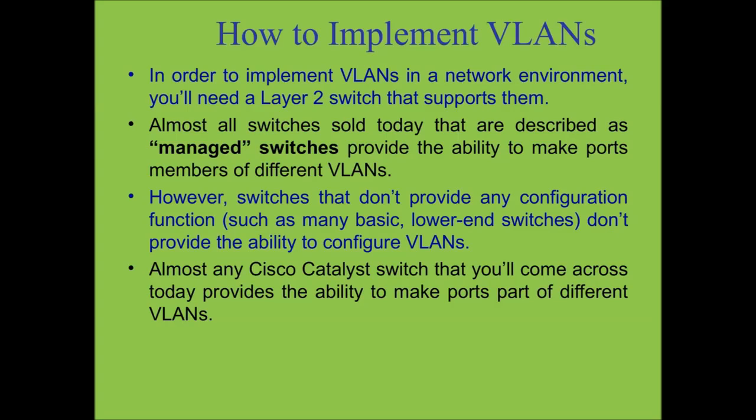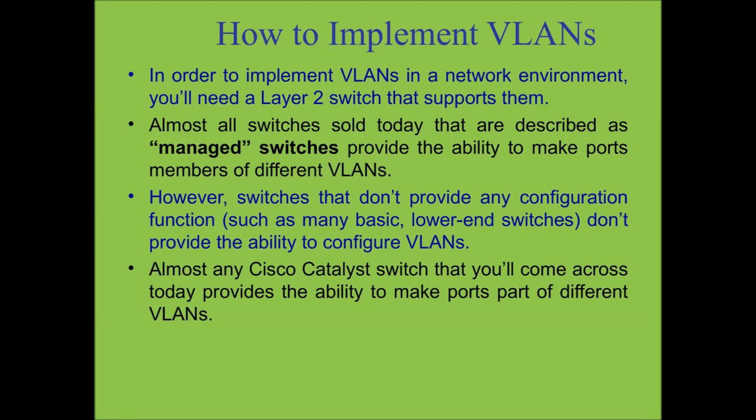To create a local area network, there is no compulsion, but to create a VLAN, there is a compulsion that the switch must be able to provide the feature of VLAN implementation.